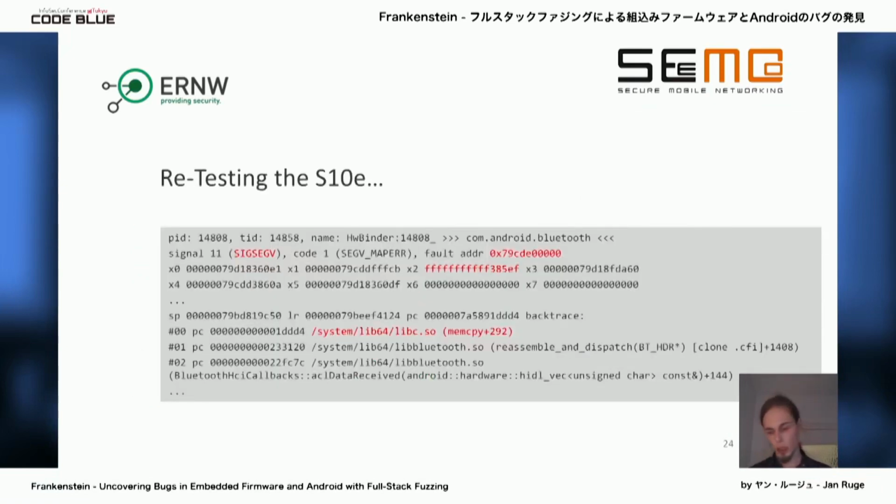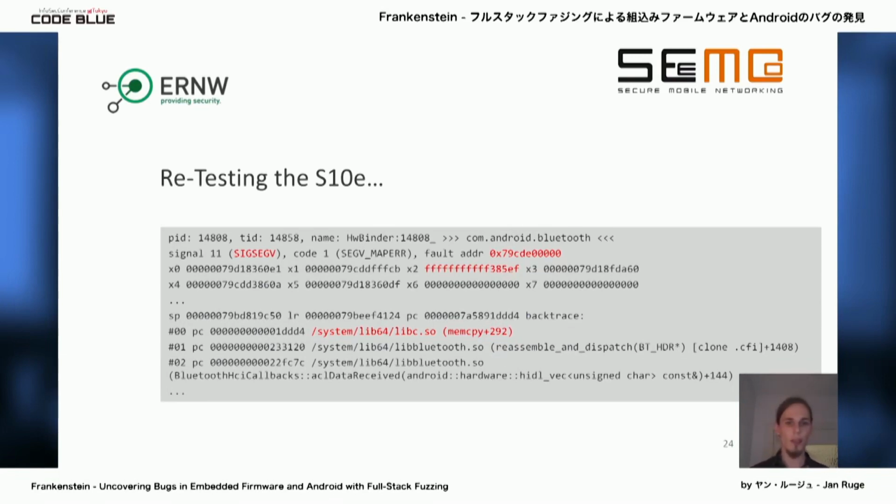However, shortly before I left, we retested essentially everything, and also the fuzzer I showed you, against the S10e. And we somehow managed to crash the Bluetooth daemon of the S10e as well. At this point, I was really angry because I had just gotten a new mobile phone, the S10e, basically also because my old phone was buggy and old.